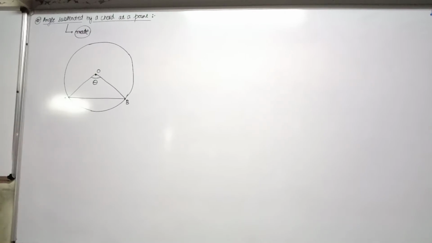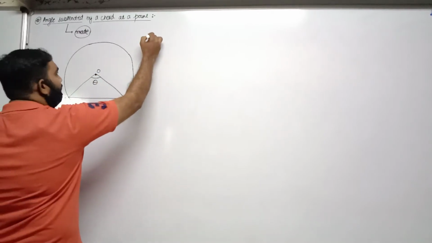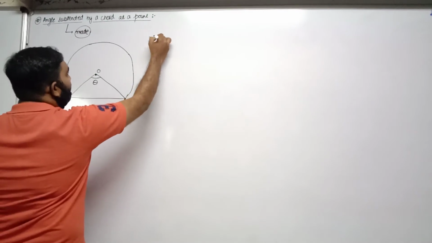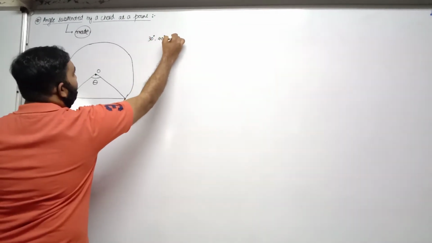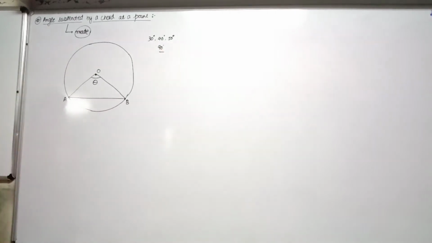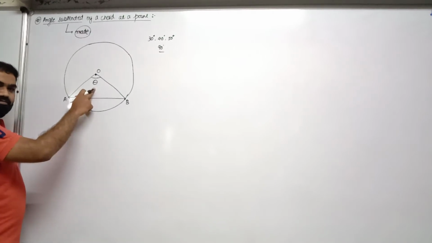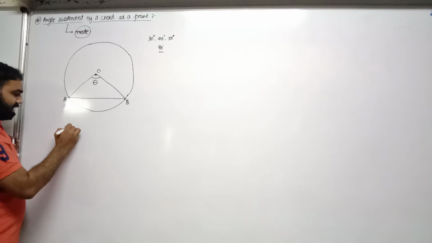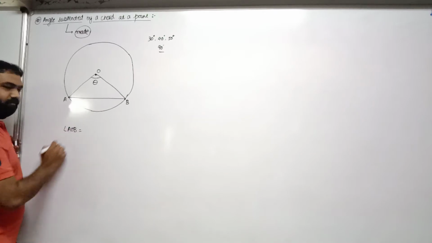Theta is the name that we give to an angle. We know different angles, right? For example, 30 degrees, 40 degrees, 50 degrees, 90 degrees and so on. For reference, we know that these are some of the angles. So this is theta here, or you can also call it angle AOB.